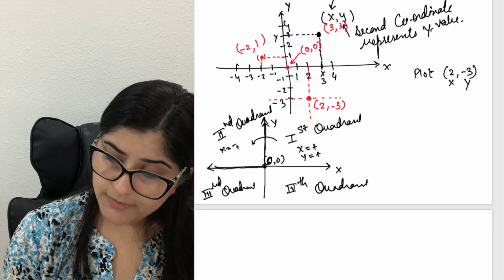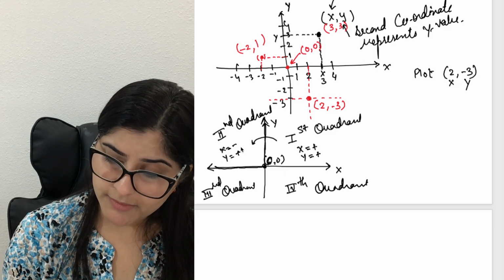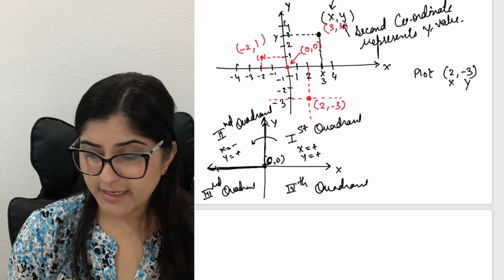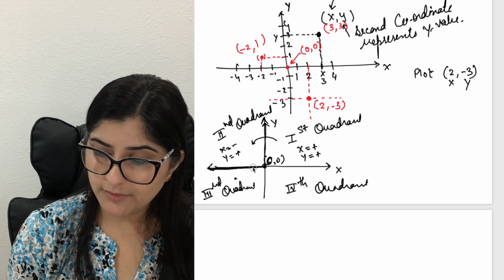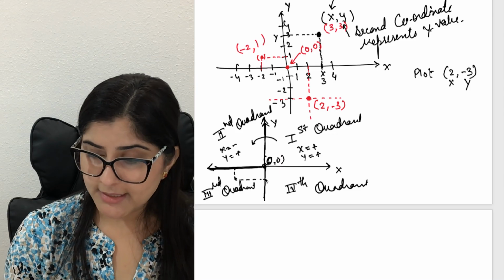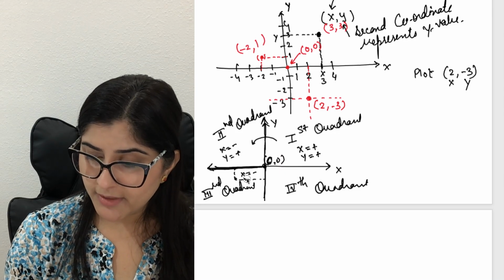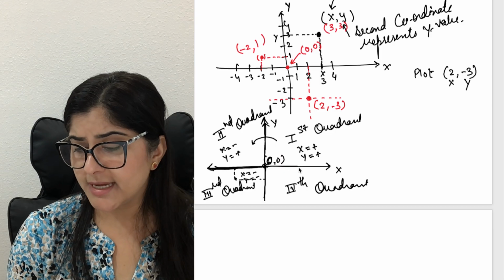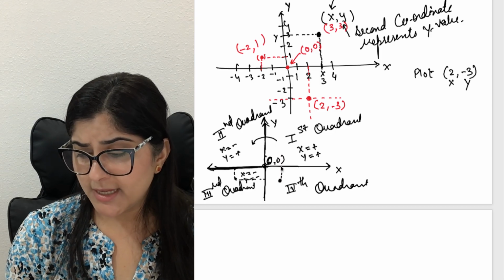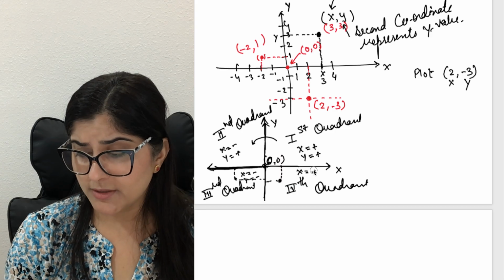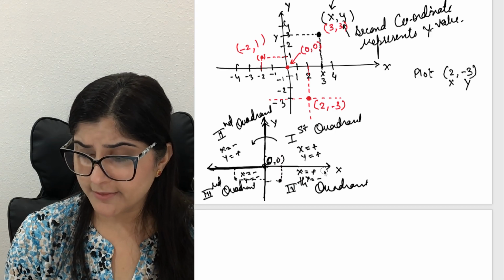In the third quadrant, any point will have a negative x value and a negative y value. In the fourth quadrant, any point will have a positive x value and a negative y value.